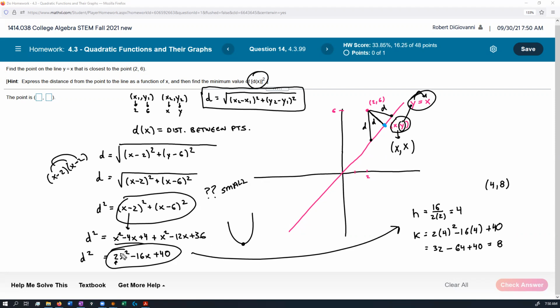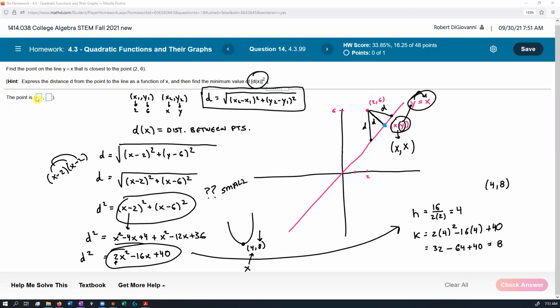Again, what we're saying is that this distance between these two points is dictated by this parabola, and the smallest it will be is at the vertex, where d squared is 8 and x is 4. So that means that x has to be 4 to give us the smallest value.